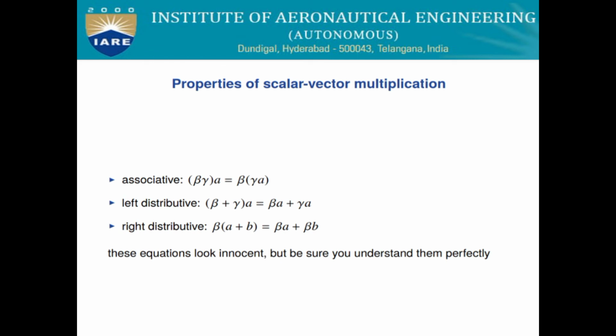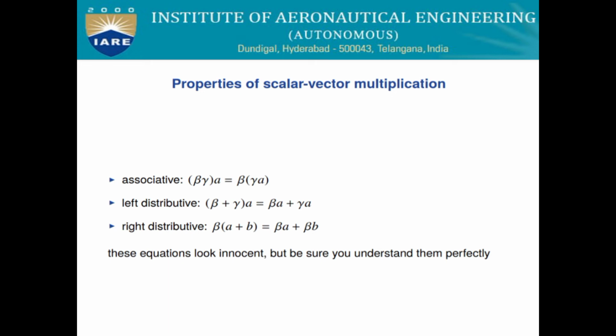Properties of scalar vector multiplication. Associative: beta gamma times a is equal to beta times gamma a. Left distributive: beta plus gamma times a is equal to beta a plus gamma a. Right distributive: beta times a plus b is equal to beta a plus beta b.